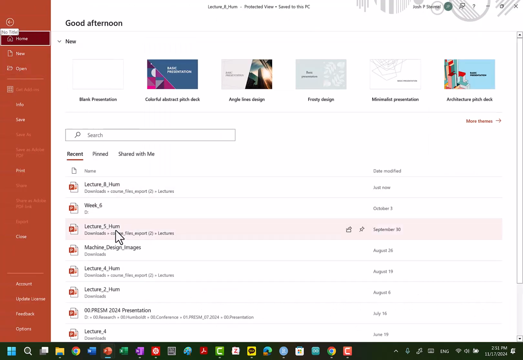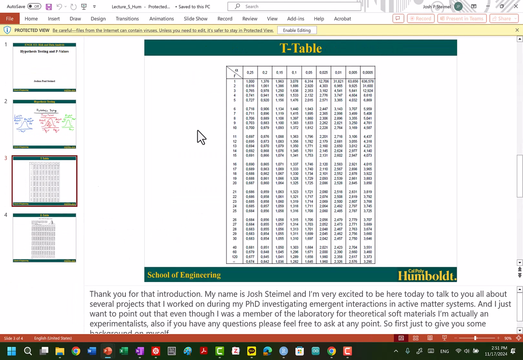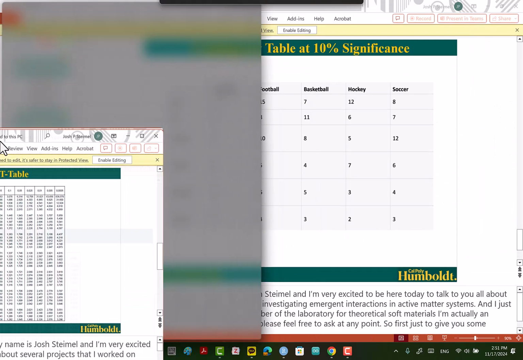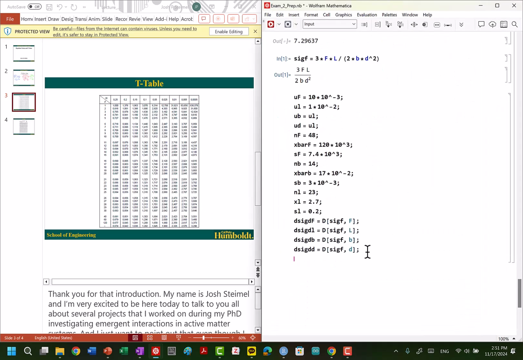Ooh, that's lecture 8. Instead, maybe lecture 5. All right, so I'm going to go ahead and write these values down here quickly. Because we need t of 0.05 infinity, so t 0.05 inf equals 1.645.